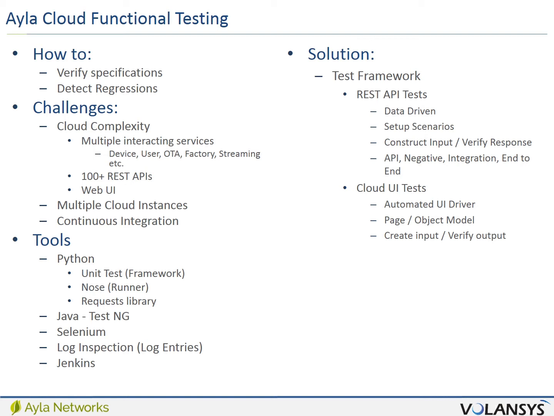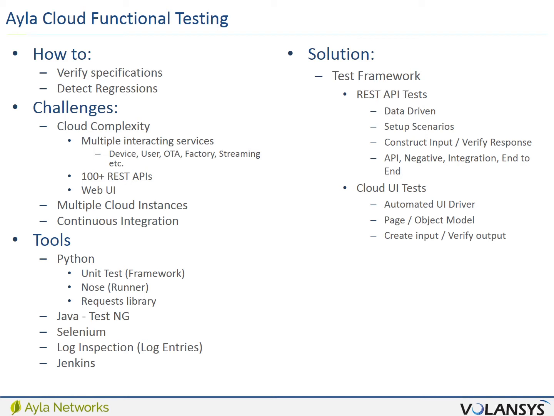So collectively, there's more than 100 REST APIs that interact with the cloud. Then also we have 2 web portals that interact with the cloud. One of them is our dashboard, and the other one is our developer site.